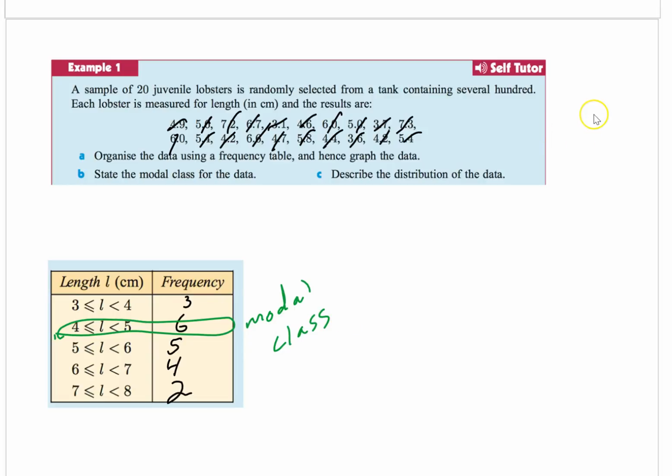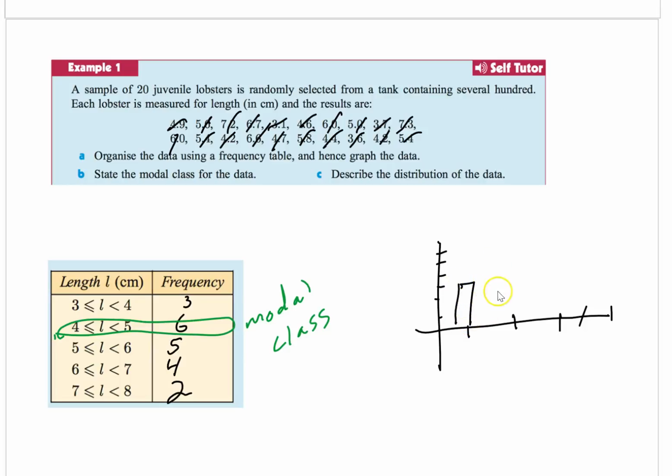And to describe the distribution, there's lots of ways you can do that. A lot of times I find it easiest to graph it, like a quick little crappy graph, as I always draw. So 3 and 4, let's do that one here, and then 4 and 5, and 5 and 6, 6 and 7, 7 and 8, then kind of go 1, 2, 3, 4, 5, 6. That's all I need to go to. So this goes to 3.